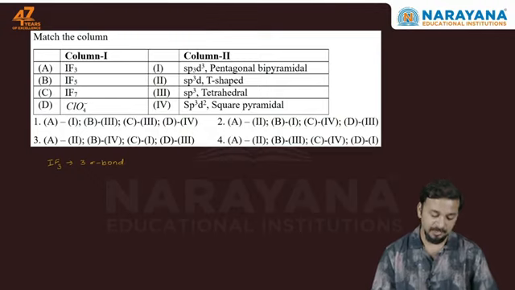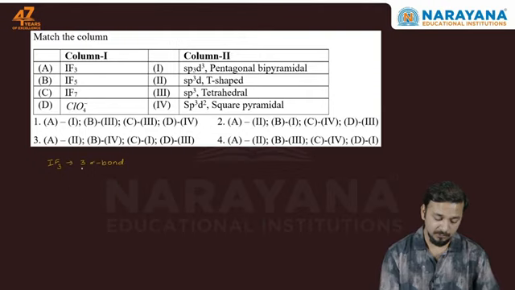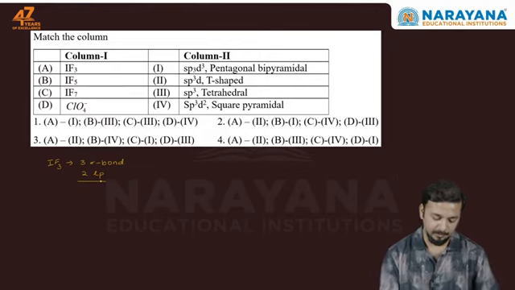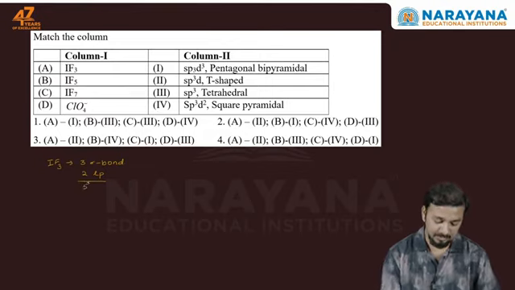It means 4 electrons are left, and those 4 electrons form 2 lone pairs. So there are 3 sigma bonds and 2 lone pairs. It means the steric number is 5, which means the hybridization will be sp3d.